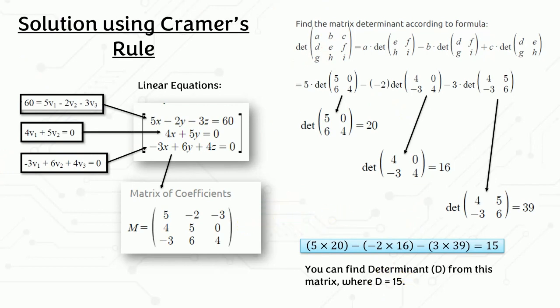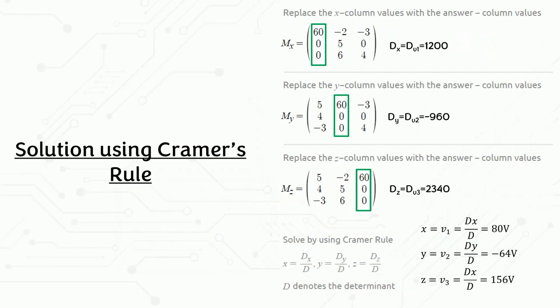Once you get that, you need to replace this X column, which is this one for V1, this one for V2 and this one for V3. You find the determinant for each.